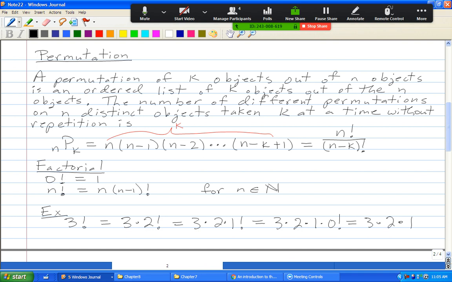Okay, so combination. A combination is almost identical to a permutation. The only difference is that it won't be ordered.